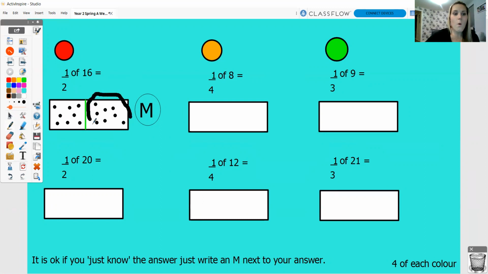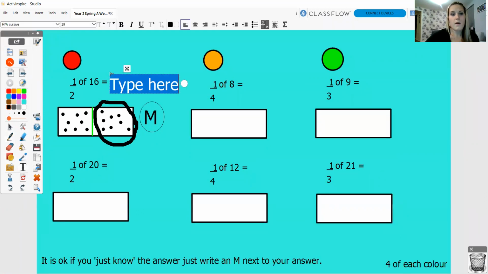And we count 1/2, because there's a 1 on the top of the fraction. So 1, 2, 3, 4, 5, 6, 7, 8. Then Miss Warren would pop in her answer, 8. Halving a number is dividing it into 2 equal parts.